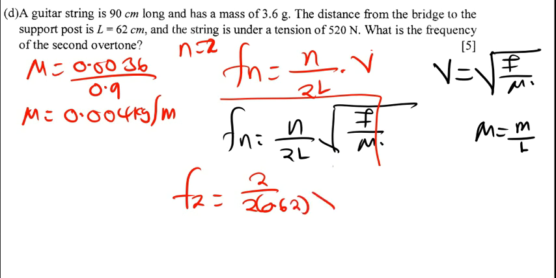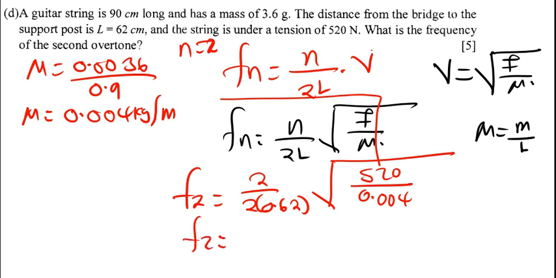Then this times the square root of the tension force, 512, divided by the linear density, 0.004. I can just say 2 divided by open brackets, 2 times 0.62.